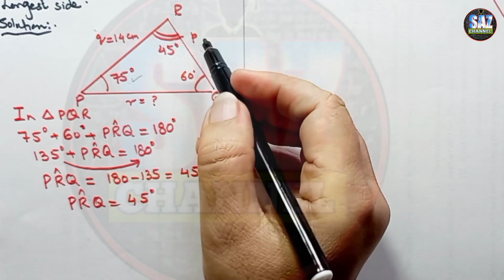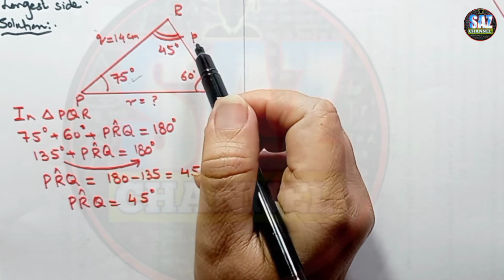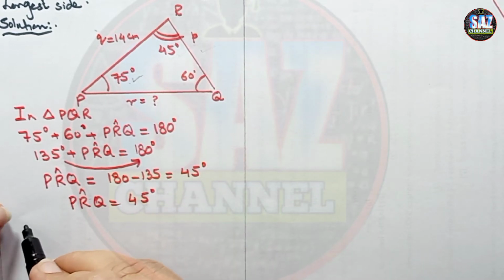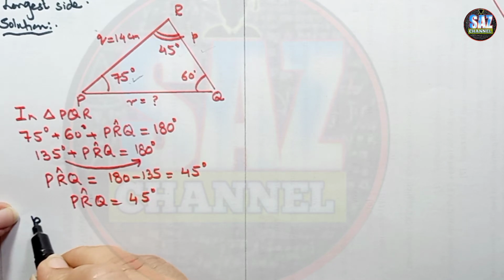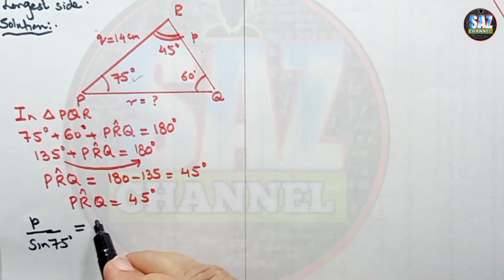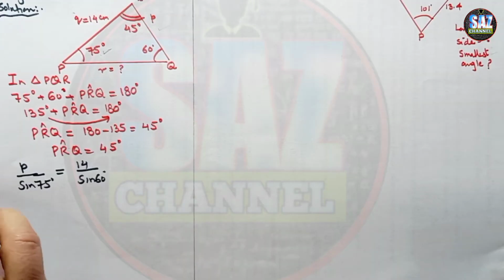So what I have to do now is write the basic equation of sine law, that p upon sine 75 degrees equals q upon sine 60 degrees. Now the known angle and known side is q, that is 14 upon sine 60 degrees. Okay, and now I have to check the value of sine 75.